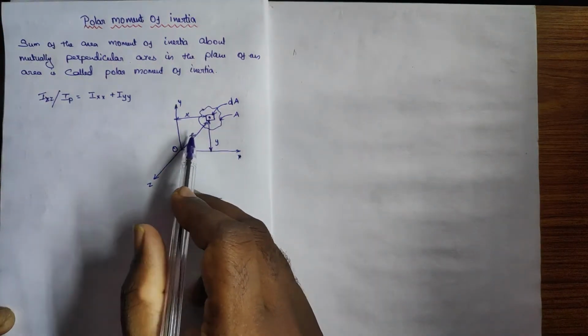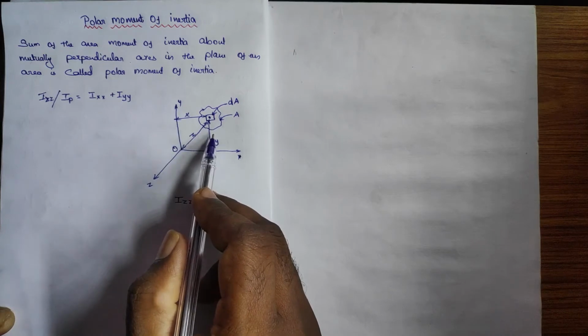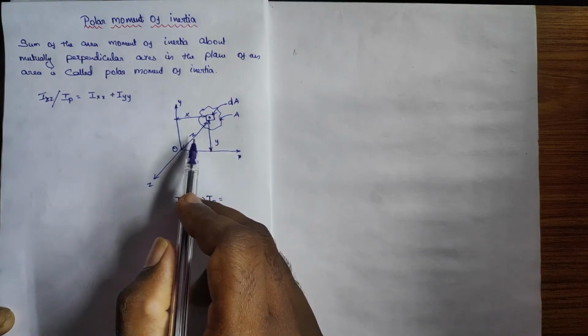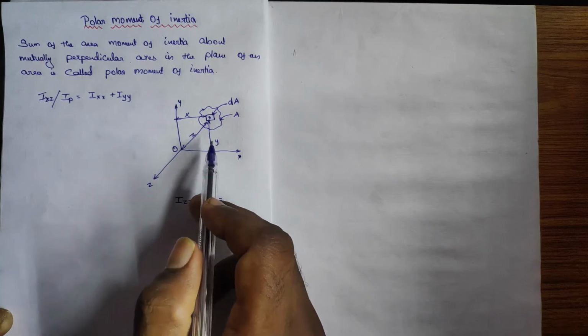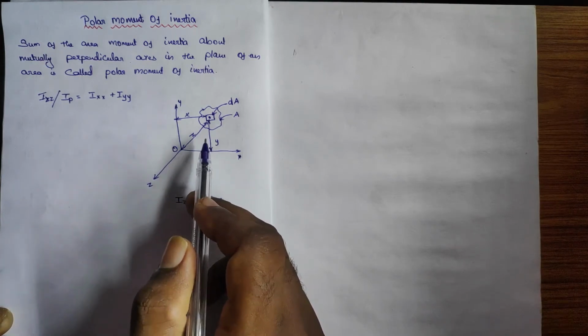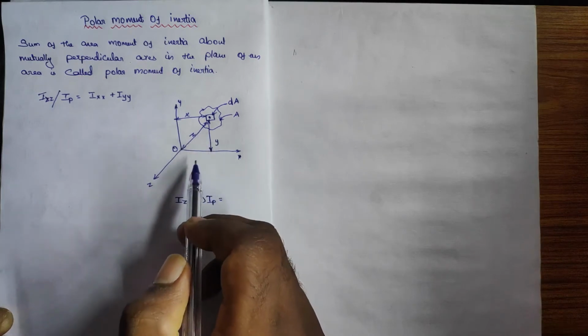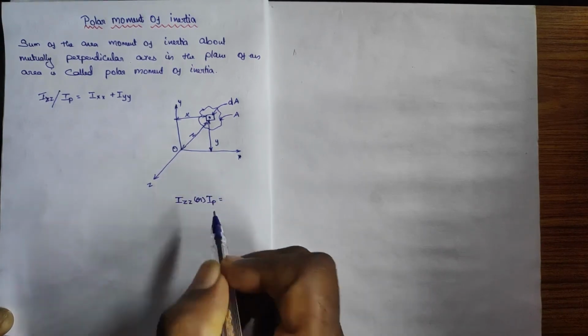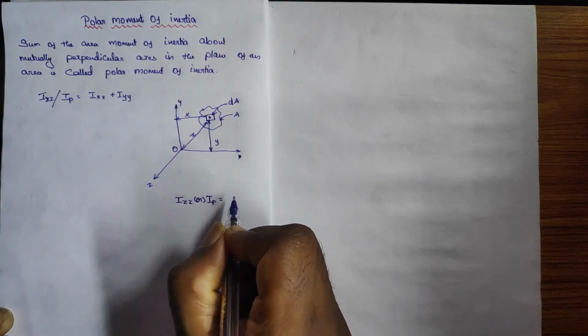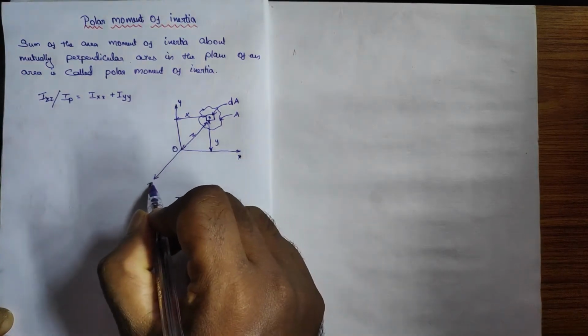Now the polar moment of inertia is nothing but a second moment of area. Am I right? It's a second moment, that means area into the square of its perpendicular distance. So IZZ or IP can be taken as IZZ.